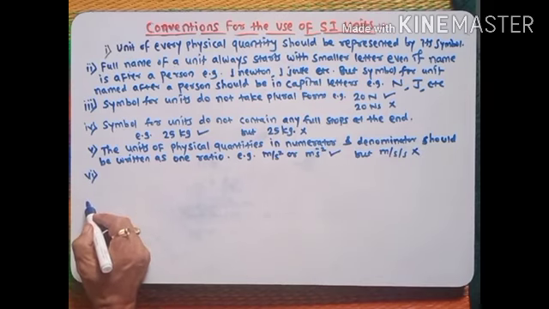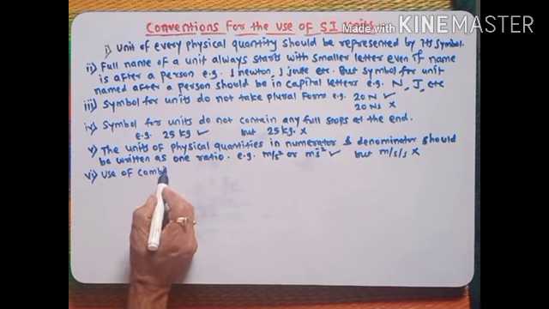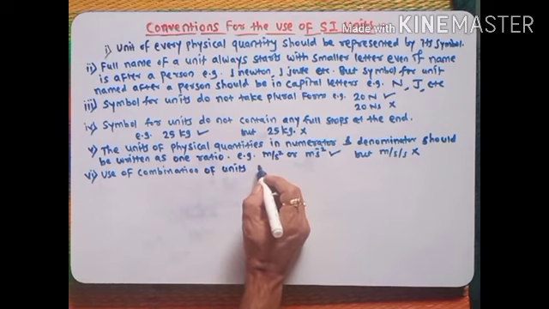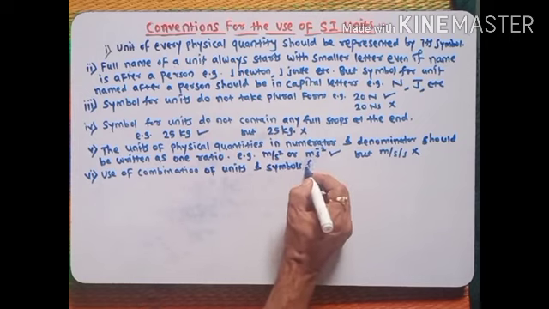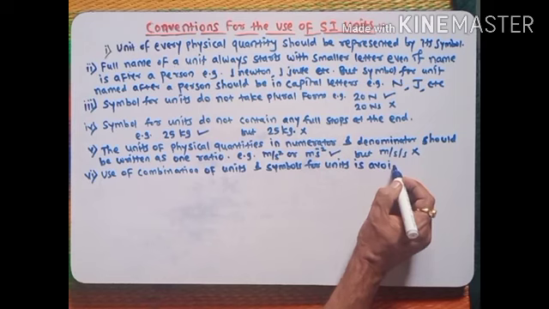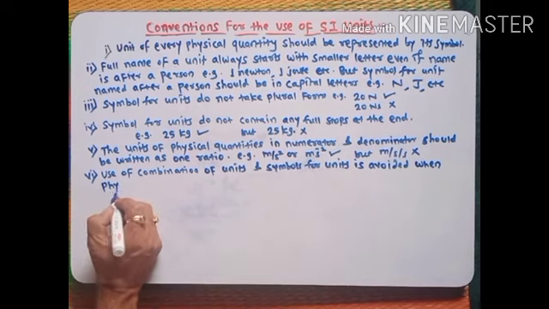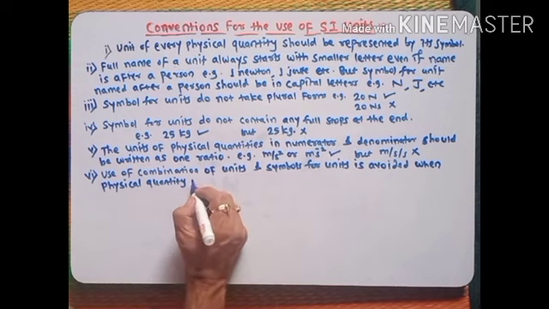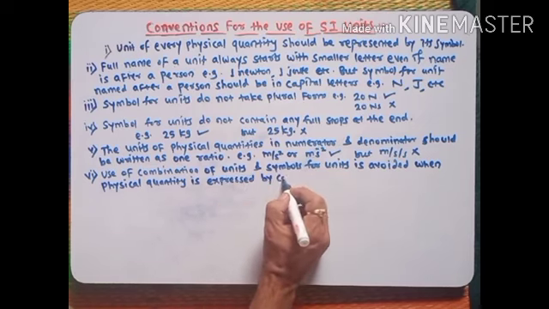Then sixth rule, use of a combination of units and symbols for units is avoided when a physical quantity is expressed by a combination of two.